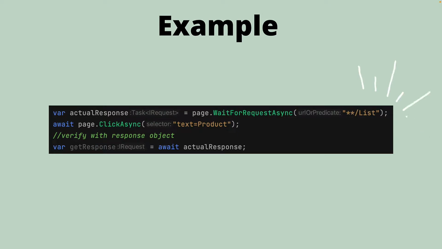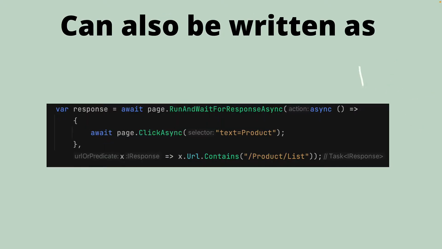And the same code we can also write in a different way, something like this. As you can see, I'm going to wrap the click operation inside a method called RunAndWaitForResponseAsync. Basically, it has RunAnd as a prefix for the WaitForResponseAsync method. The good thing about this RunAnd method is you can pass the action, and the action is nothing but the click operation in this example.